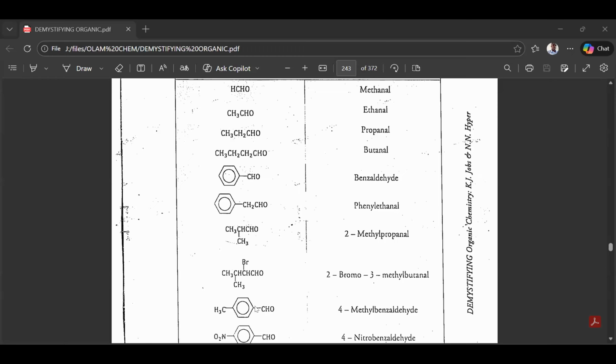If the carbonyl group is at position 1, then the methyl group is at which position? We are having position 2 here, 3, 4. So our methyl group is at position 4 because we are giving the carbonyl group position 1 since it is supposed to own this compound. So that means the name is going to become 4-methylbenzaldehyde. The reason why you have benzaldehyde is because here we have only one carbon. This group here has only one carbon atom.